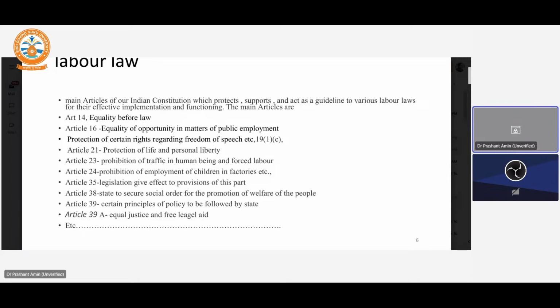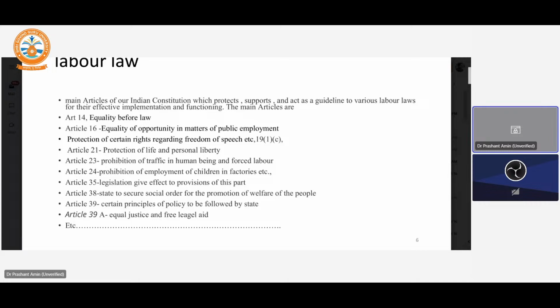Article 35 is the legislation which gives effect to the provisions of this particular part. Article 38: the state secures the social order and promotion of welfare, all the welfare activities, whether it's canteen facility, crèche facility, AC offices, or sitting arrangement at the production plant.